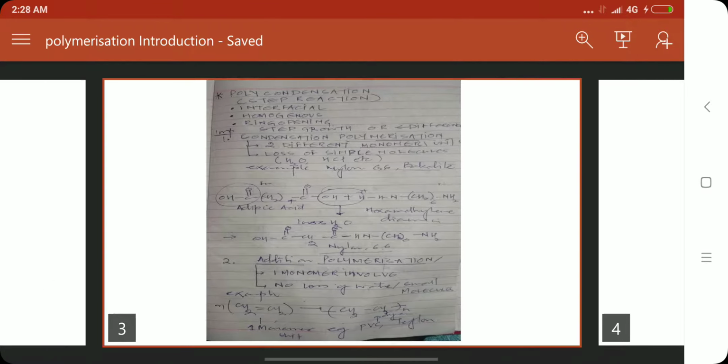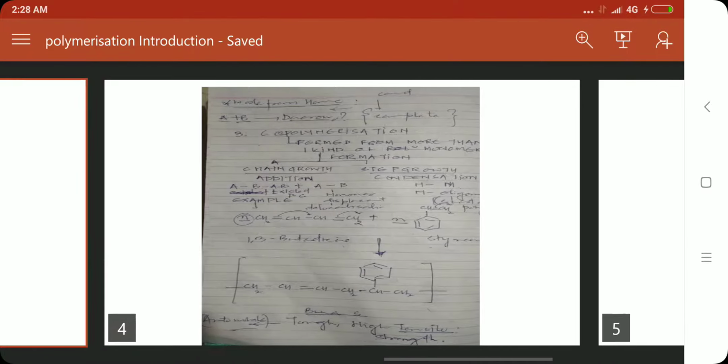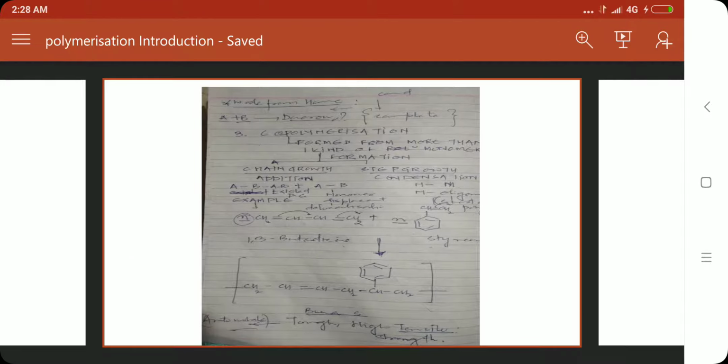So we are done with this. One more thing I would like to request of all of you: I have given you a homework task. Here a molecule A is combined with a molecule B and it results in the formation of another polymer.